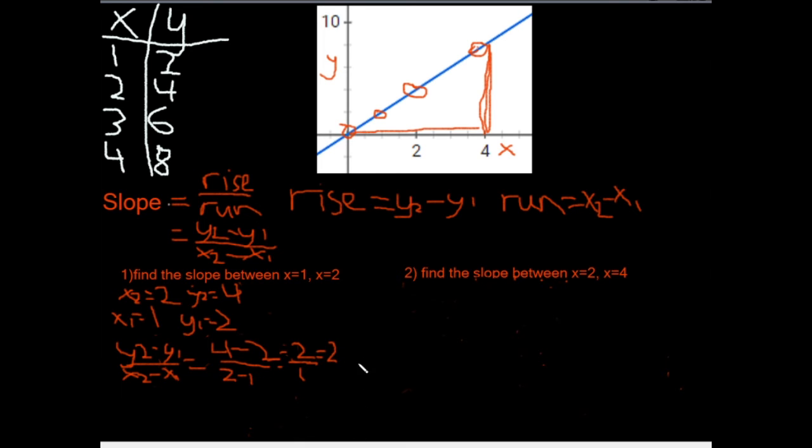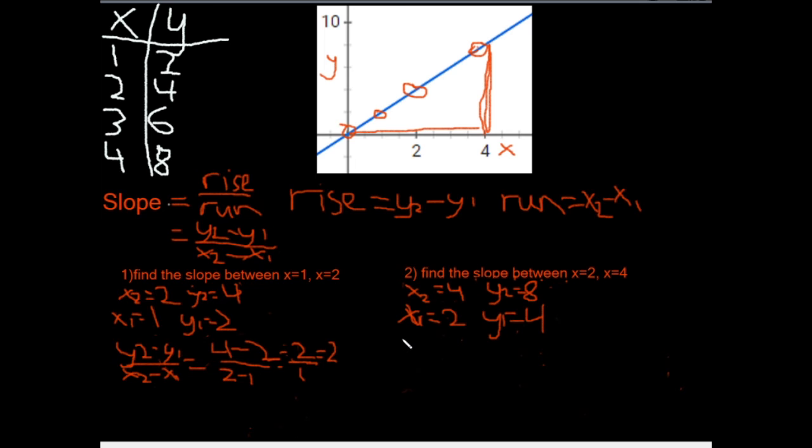Now keep this value in mind. We're going to compare the answers here, and you might notice a pattern. So for number 2, x2 is 4, and you can look at the graph here and see that y2 equals 8. And then x1 is 2, and y1 is 4.